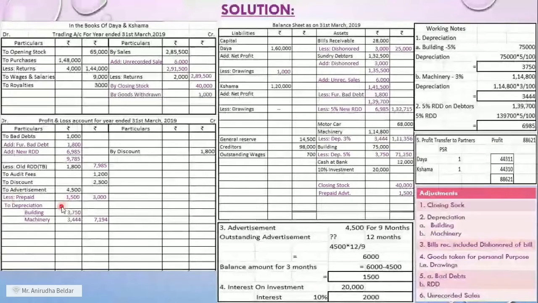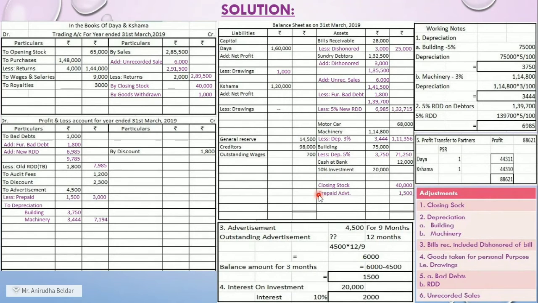Outstanding is given for 3 months, meaning the amount for advertisement is given for 9 months and the remaining 3 months are outstanding. So for the balance of 3 months we'll calculate 1500 and deduct it from the advertisement. And the second effect is on the balance sheet assets.